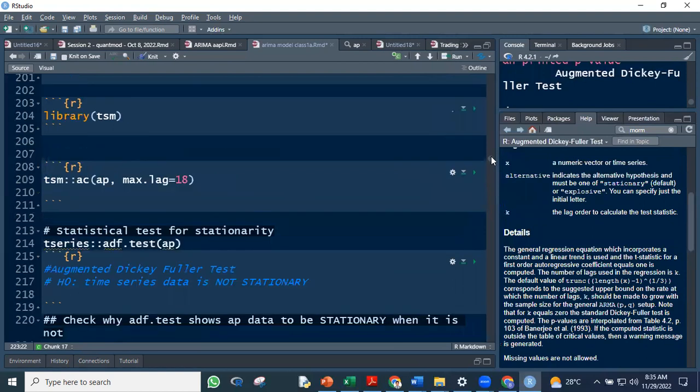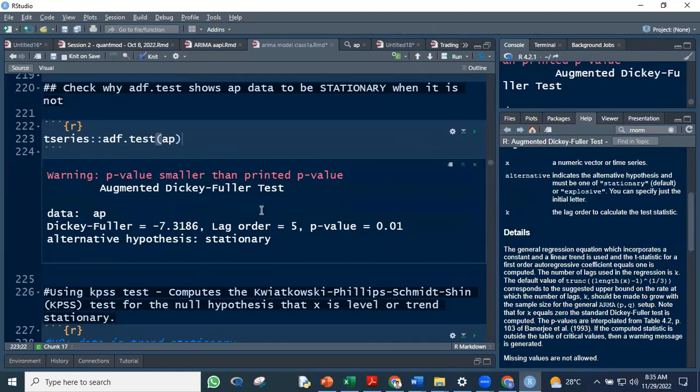However, when we use this, the p-value is 0.01. So we reject the null hypothesis that the series is not stationary.